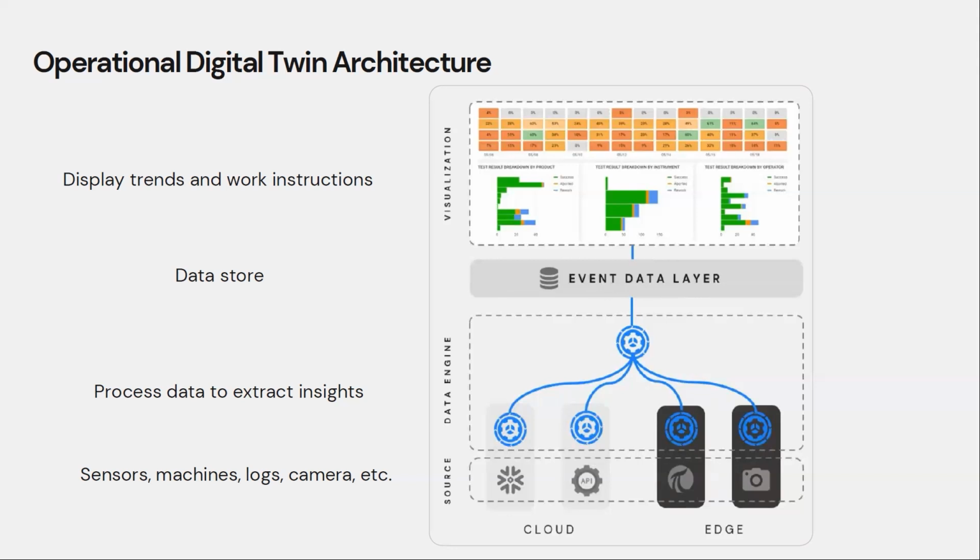And you would have something called an event data layer if it's events that you extract from your raw data. And finally, at the top, you have a visualization layer. That's essentially a dashboard or something cooler like a 3D view for you to display trends and work instructions for your personnel to consume.